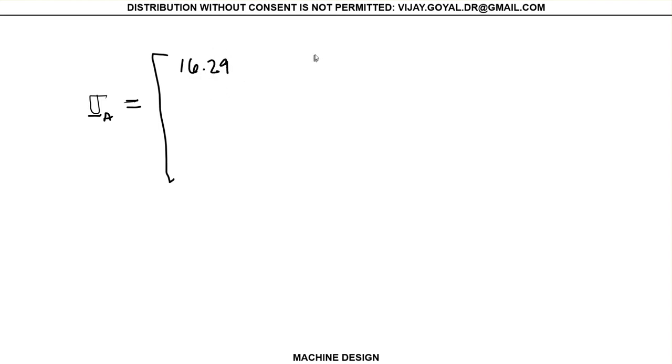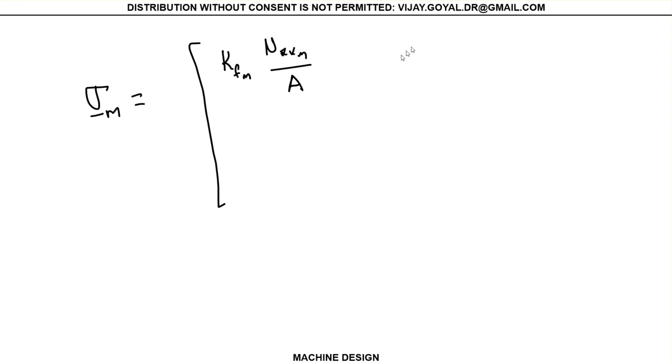This is all in KSI. This is 9.19, 9.1900. Okay, so now we need to build our mean.